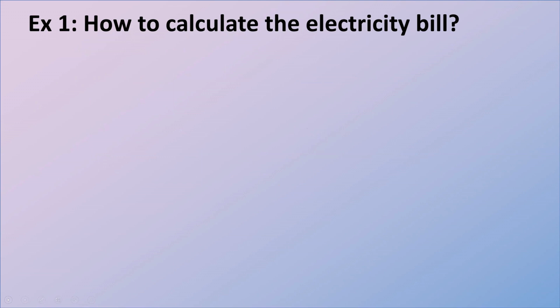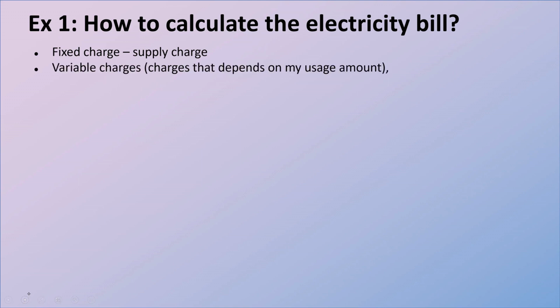Here's my first example. I'm going to see how to calculate any bill: the electricity bill, the gas bill, or the telephone bill. When we talk about such bills, they usually have a fixed charge that I have to pay for the monthly supply charge or the documentation and administration, and a variable charge that actually depends on my monthly usage.